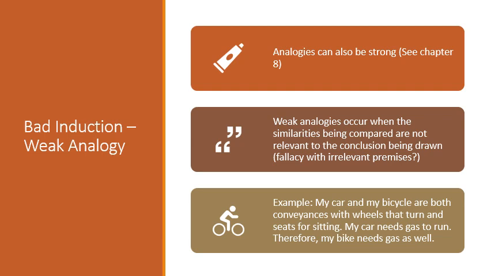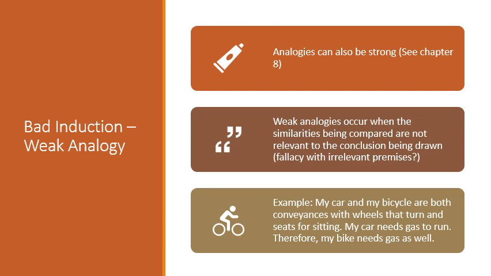But that's not really going to work, because having wheels and having seats and being a conveyance isn't really relevant to the question of whether or not something needs gas to work. There are other things that would come into play that would be much more relevant, like having an engine and so on and so forth. So it just doesn't work as stated.